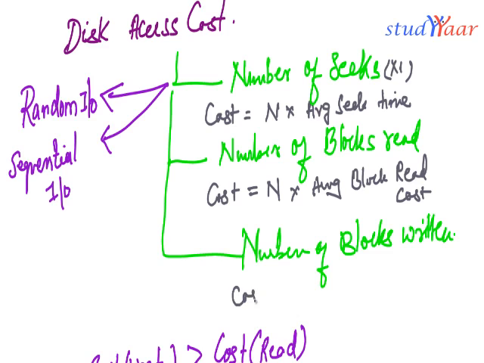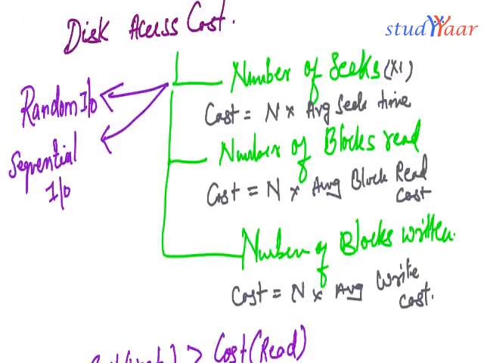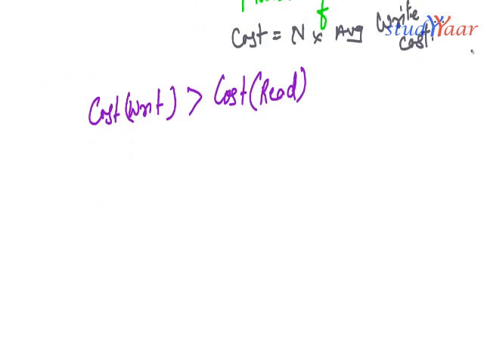Similarly, for blocks written the cost is n, where n is the number of blocks written, into average write cost. So this was about the various cost factors that I have to take into account.